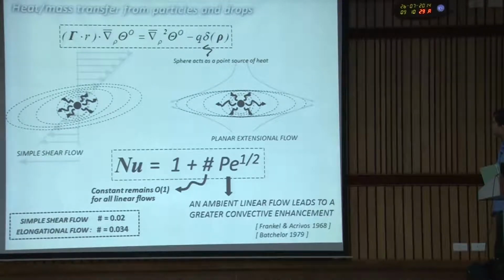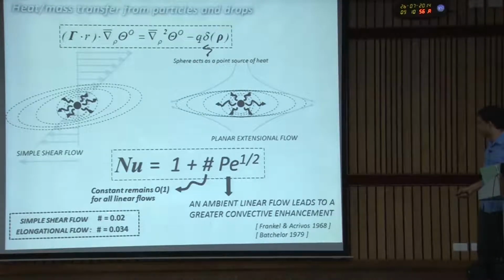Right. But the important thing we already know is that's the scaling length, and it turns out that the Nusselt number is now 1 plus order Peclet to the half, the square root of Peclet, so obviously not analytic. And the prefactor depends on the particular linear flow that you consider. But the important thing is that it's an order 1 number regardless of what linear flow you consider, except if you go too close to solid body rotation.